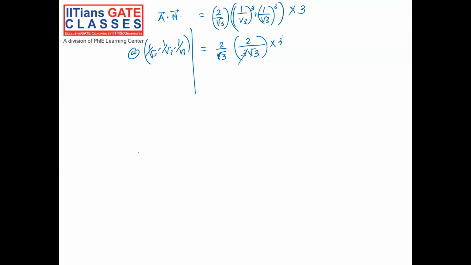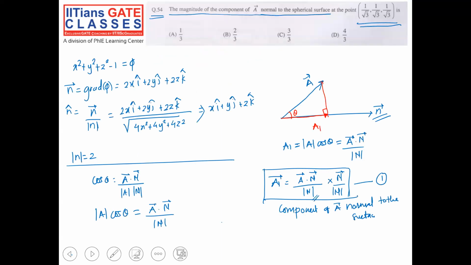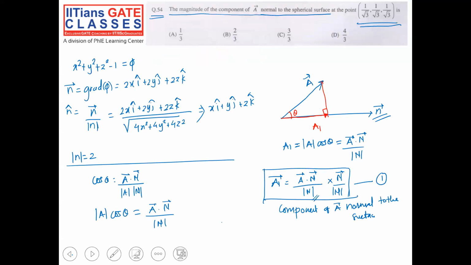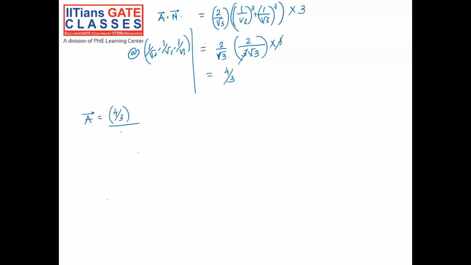So this 3 will get cancelled, and you will end up with 4 by 3 as the dot product. So considering this equation number 1, we can say that a bar is equal to 4 by 3, which is a bar dot n bar divided by mod of n. Mod of n is 2.